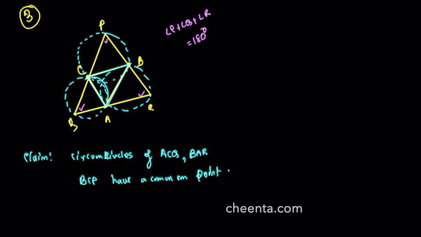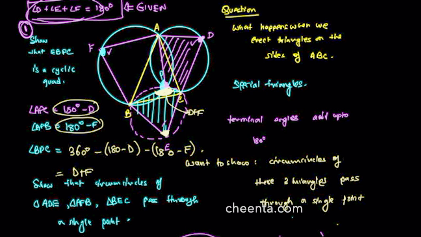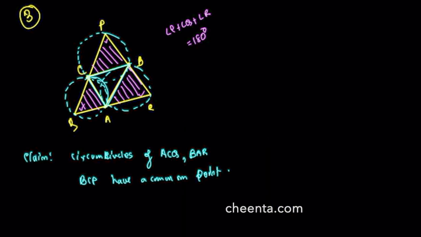And you can imagine that these three triangles are erected on the sides of ABC. So we have precisely the situation of the first theorem, where you have a triangle ABC and you have erected three triangles on the sides of it such that the terminal angles add up to 180 degrees. And in this case the terminal angles add up to 180 degrees because it's just a triangle. PQR is a given triangle.